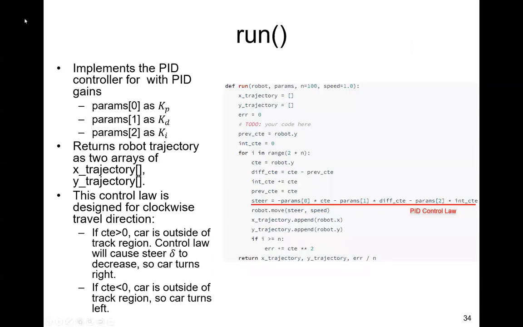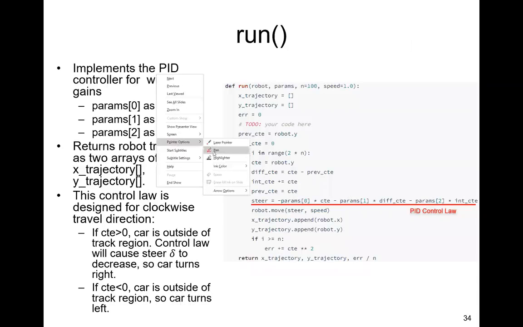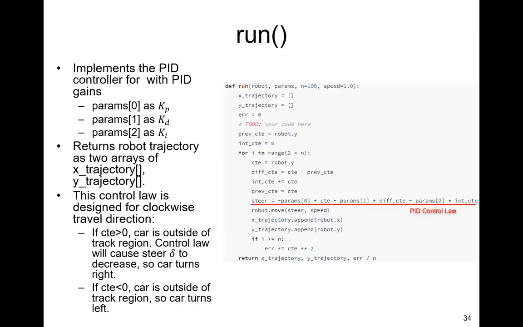So in the Python code, the run function performs a PID control operation to define the steering angle direction delta, and then you do a move operation, which is the bunch of messy equations we saw just now, to get a trajectory that is the actual trajectory traveled by the robot.